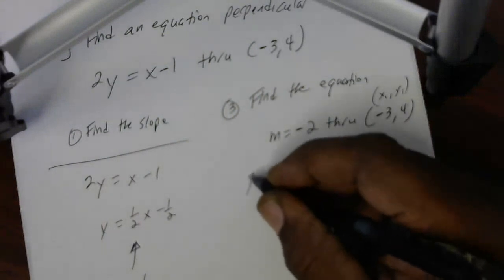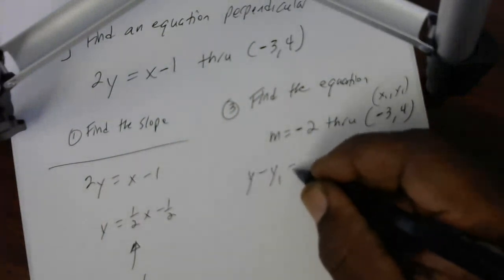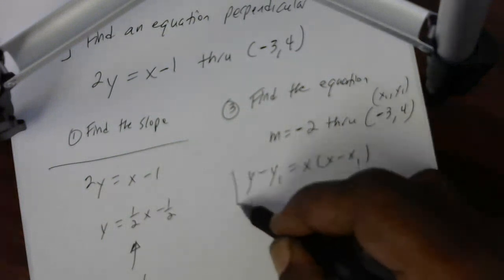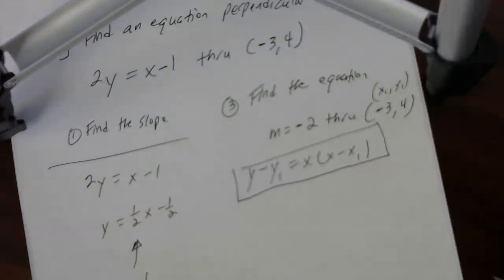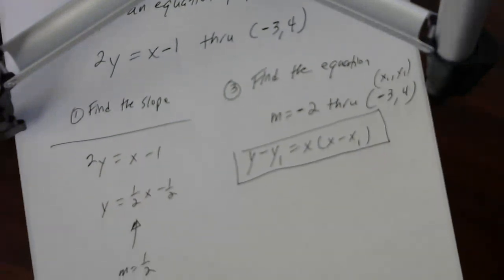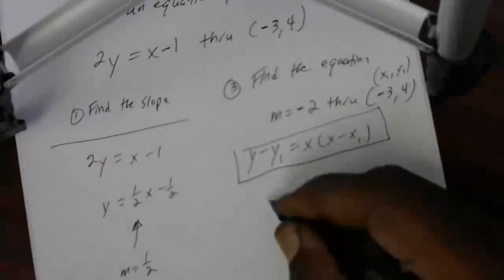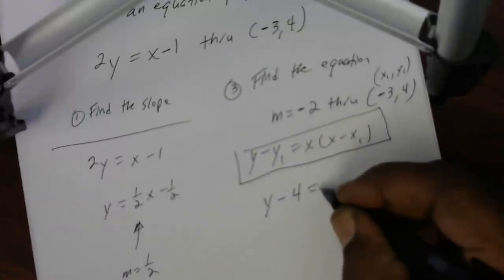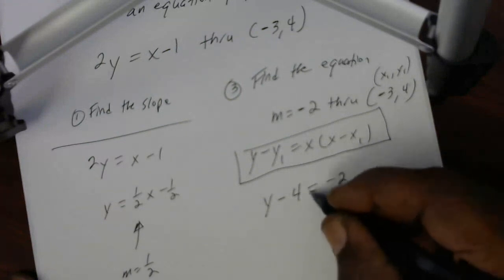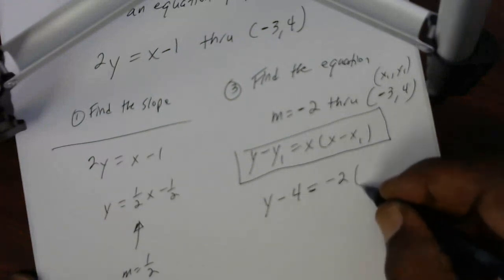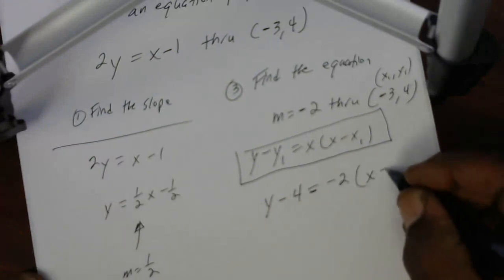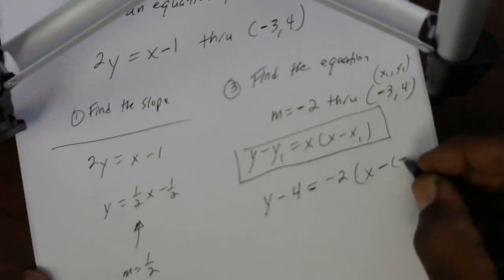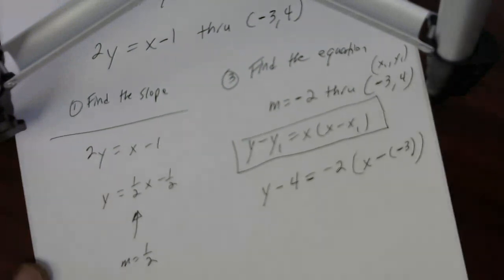So I'm just going to rewrite the point-slope form and substitute. So we have y minus 4 is equal to negative 2 times x minus x sub 1, which is a negative 3.